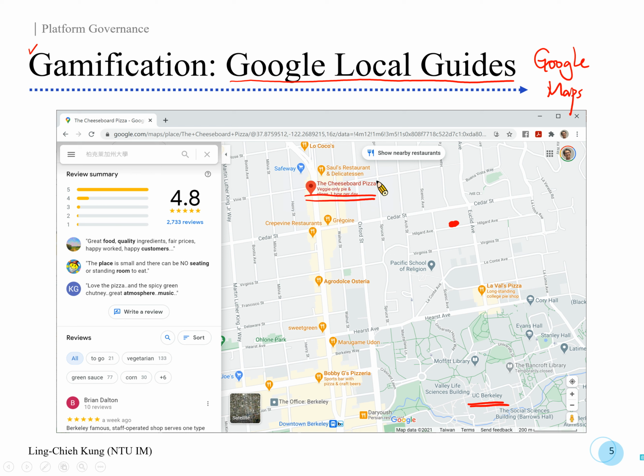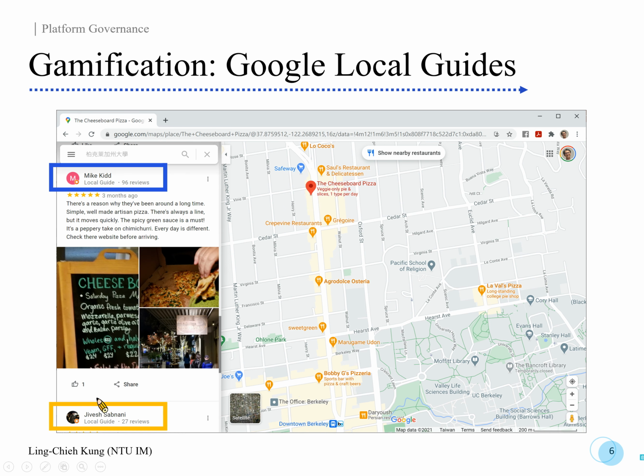If you click on this particular company, you see a lot of people saying that this restaurant is just awesome, and you also see that there are some people who are considered local guides, and these local guides provide information just like everybody can do.